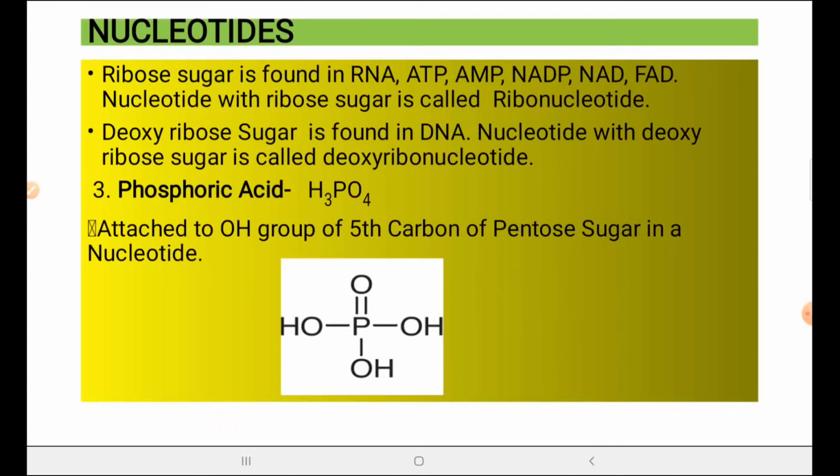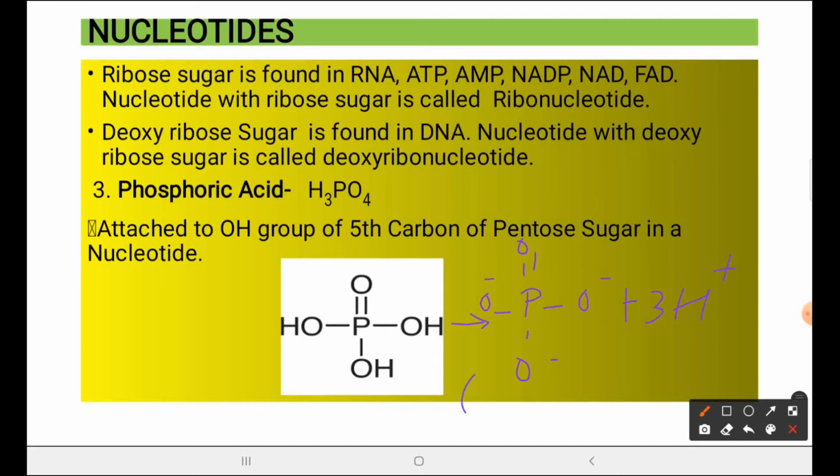Now let me tell you that the formula that I have given, phosphoric acid H3PO4, is actually not found in this fashion in aqueous form in a cell. So how is it found? It is found in the form of P double bond O, O minus, O minus, O minus, plus 3H plus.